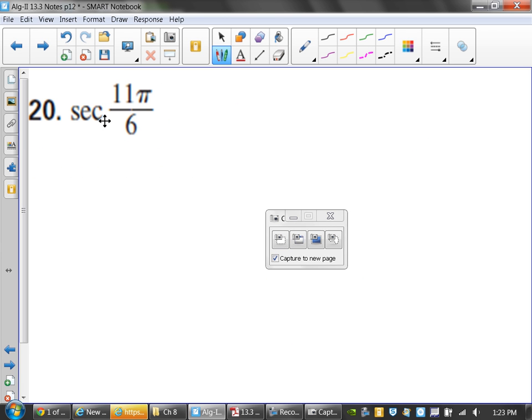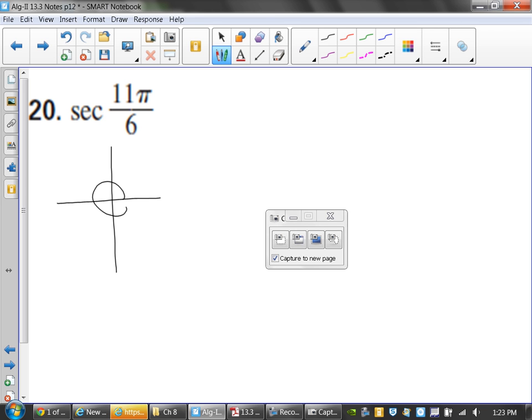Secant of 11 pi over 6. What quadrant does that get us into? The 4th quadrant.